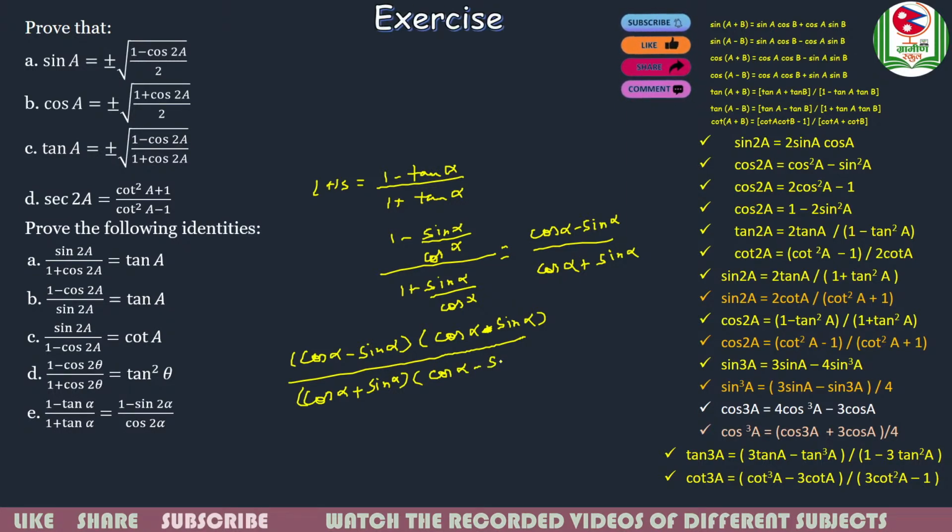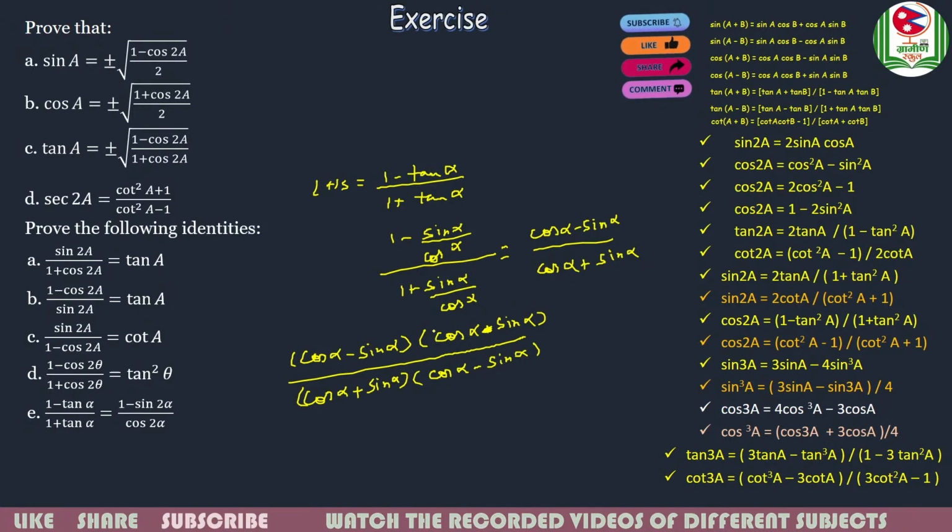What do you mean by this? That we multiply both numerator and denominator by cos alpha minus sin alpha, as the denominator is cos alpha plus sin alpha. That's why we are multiplying both numerator and denominator by cos alpha minus sin alpha.